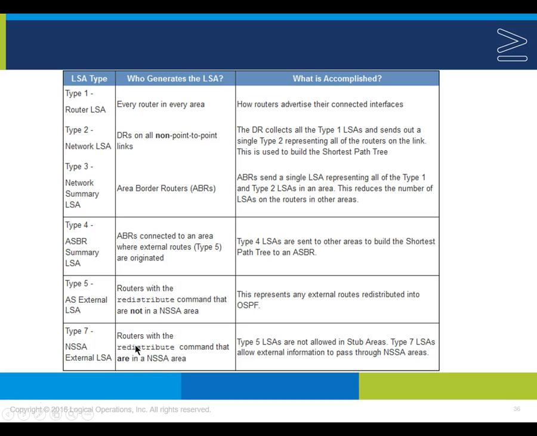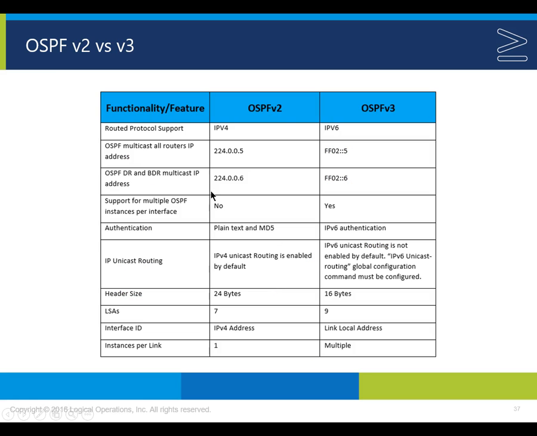And then type 7 routers with the redistribute command that are in the NSSA, the not so stubby area. Again, the functionality and feature table here: protocols, the OSPF multicast address 224.0.0.5. They kind of did us a favor here because they end with a .5.